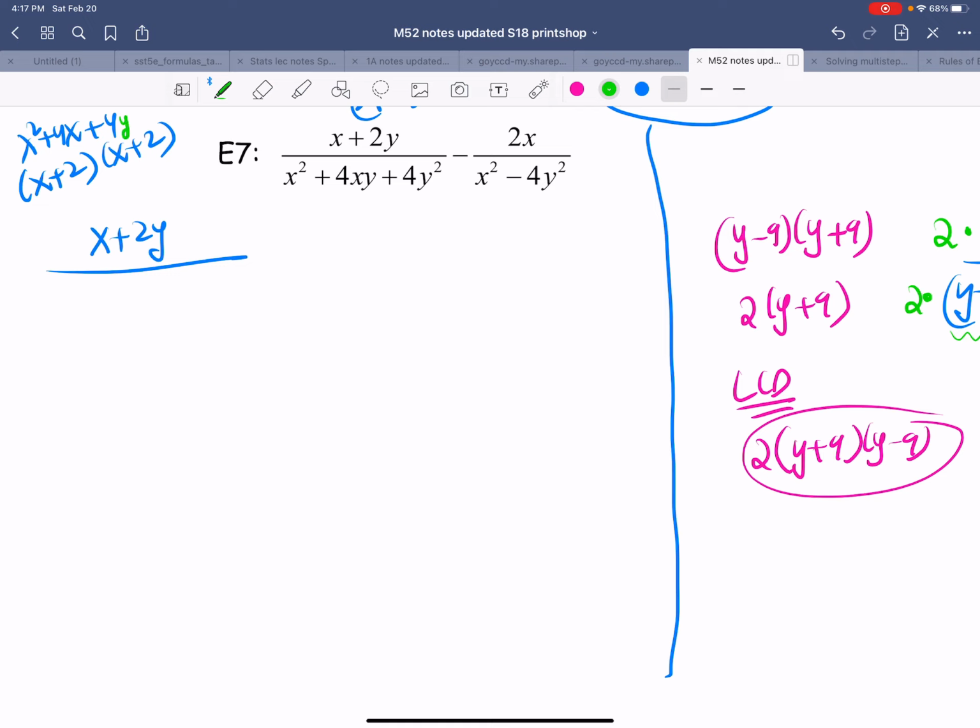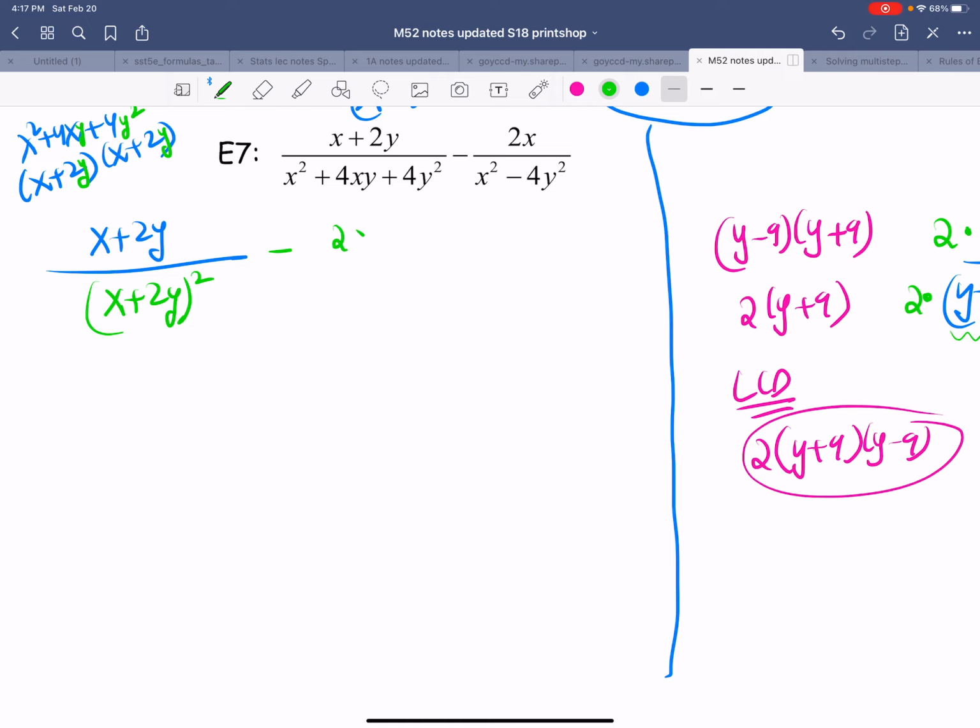Now the only thing we have to do here is, because we want to get 4y squared at the end, we would be adding y's at the end of our 2 parentheses. So it's going to be x plus 2y squared. I'm going to write it with the parentheses, as an exponent.